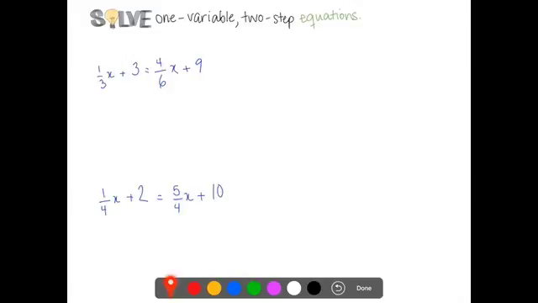Normally you would just simplify when you move your fractions around, but the reason I didn't do that is because you may have noticed that these have a totally different denominator, and when we have a different denominator, I can't just add or subtract. I have to find a common denominator. Between 6 and 3, I know that my common denominator is going to be a 6. So in order to get from a 3 to a 6, I have to multiply this 3 by 2.